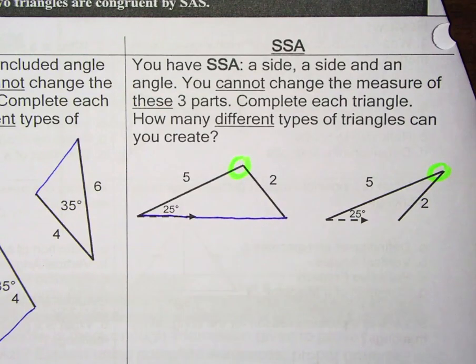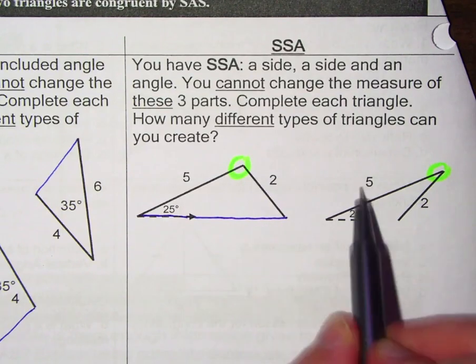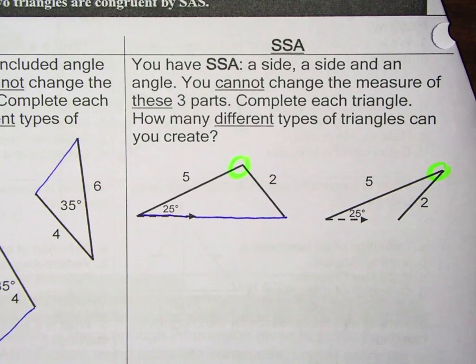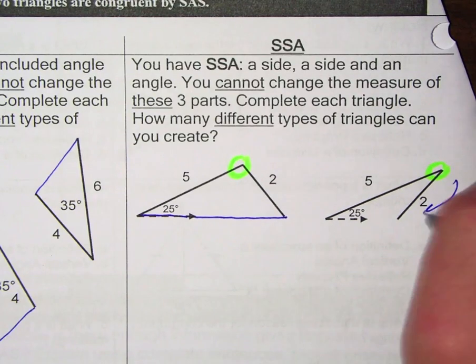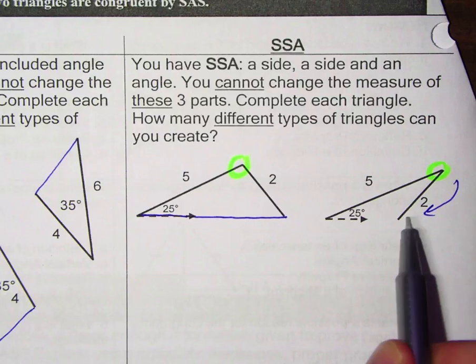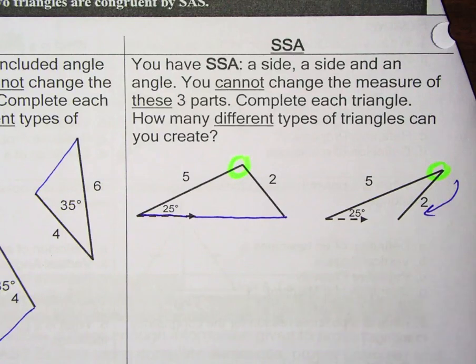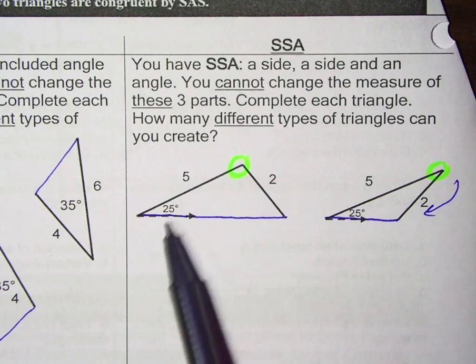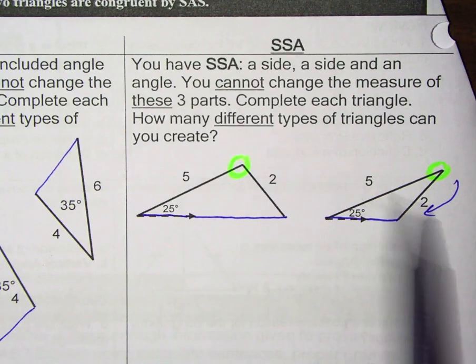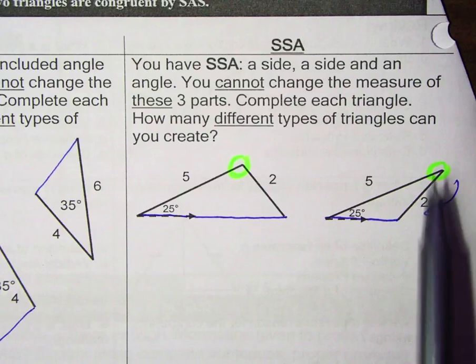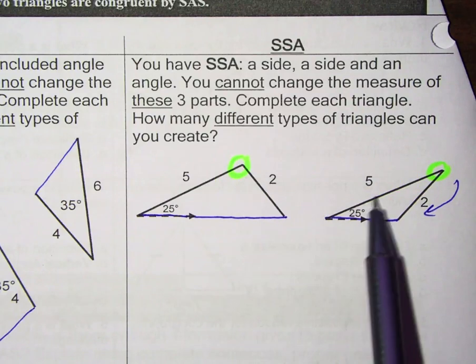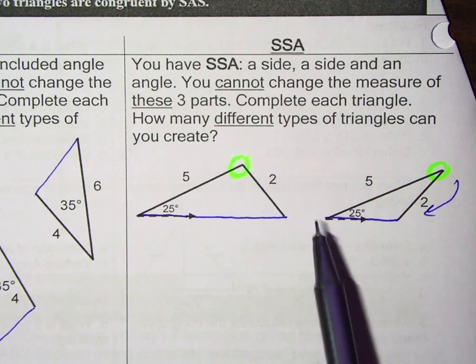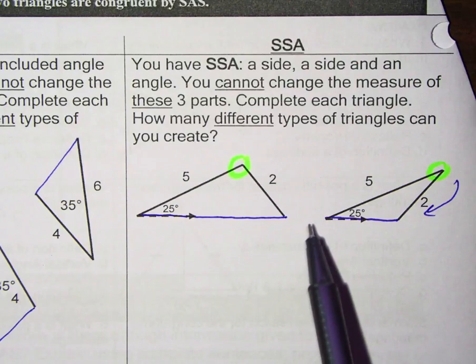But here's the same thing over here, the same three parts, but I was able to swing in this segment here because I'm allowed to change that angle. So if I complete it, I have a different triangle. Same three parts, but a different triangle. So just because two triangles share these three parts does not mean we can assume they're going to be congruent.